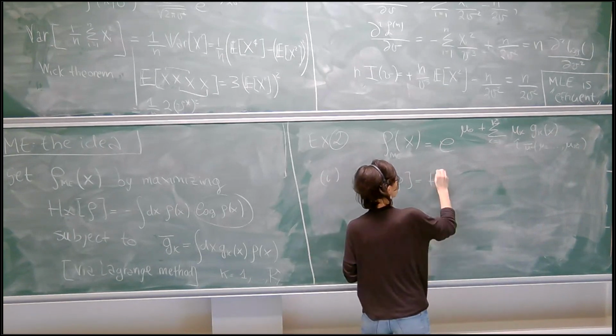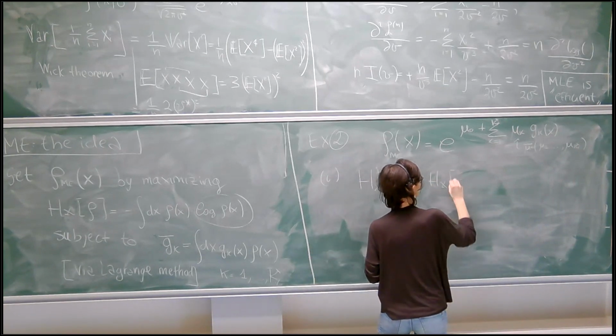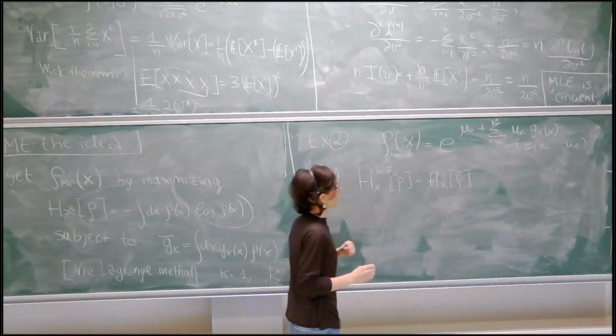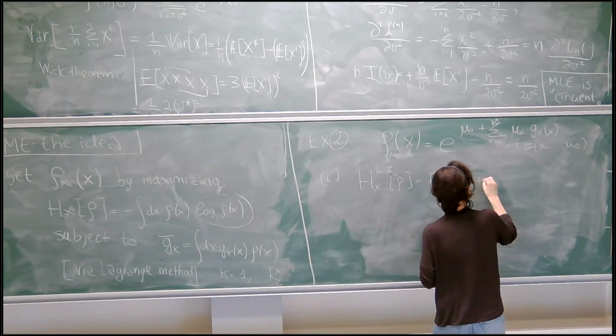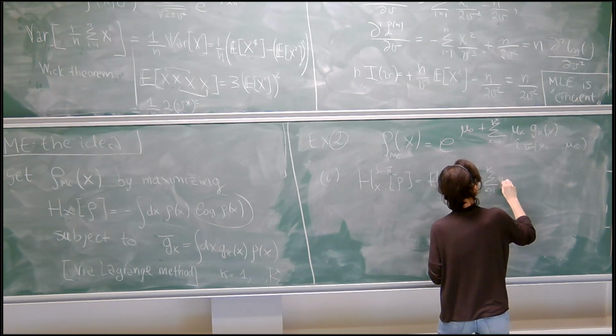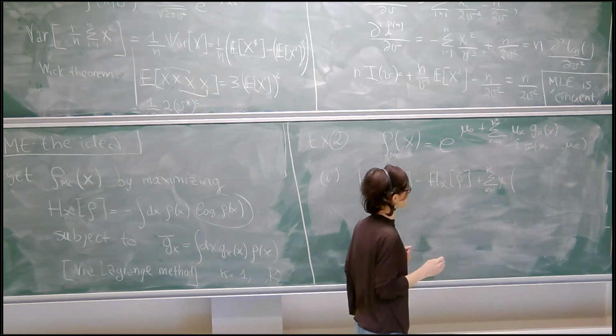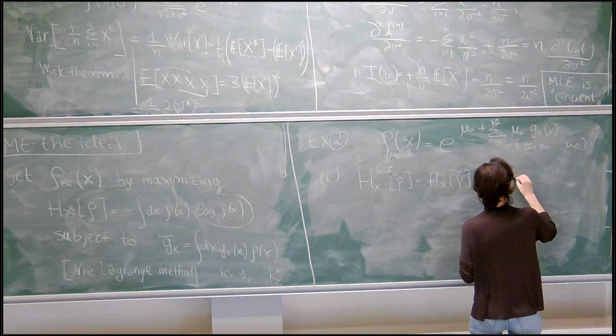And this new functional is the functional of before, so your entropy. Then you add the constraints. So the constraints are the sum of your Lagrange multipliers times what you want to enforce.